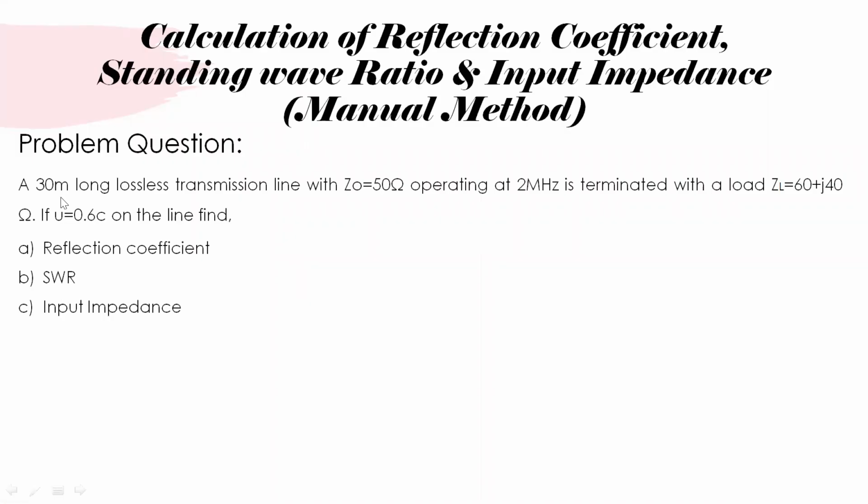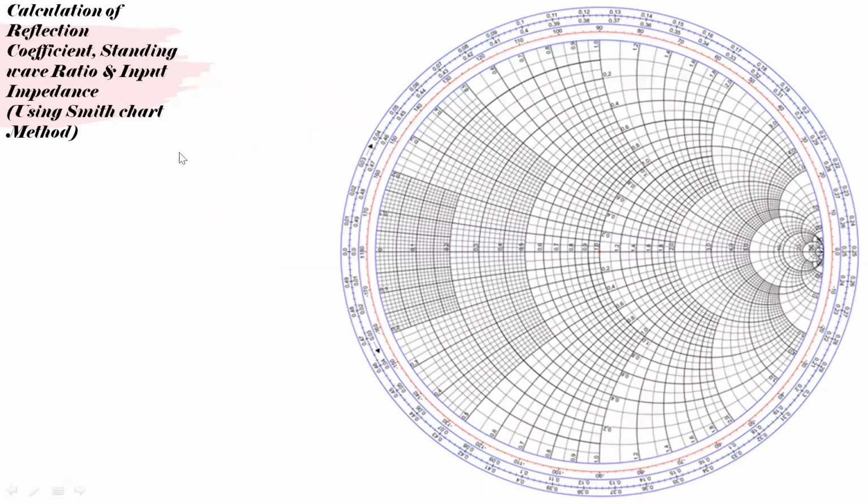So try to recollect the parameters that are given in the question. The same parameters we will consider, and the parameters to be found are gamma, S, and input impedance, using the given parameters.